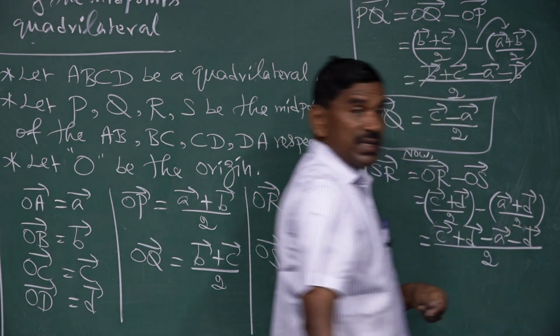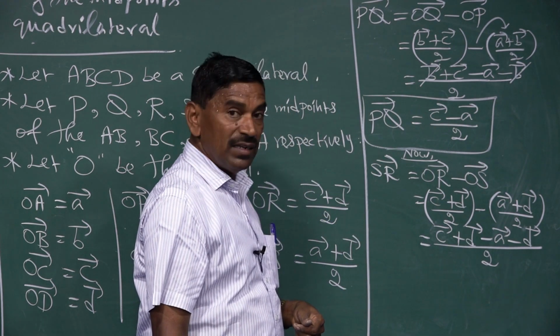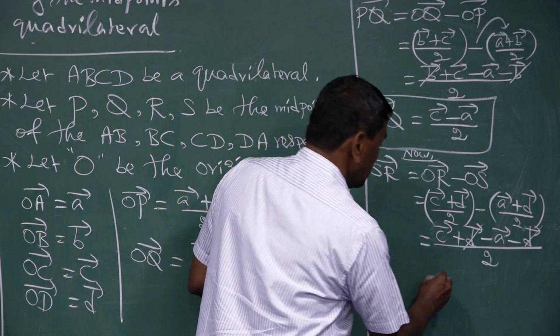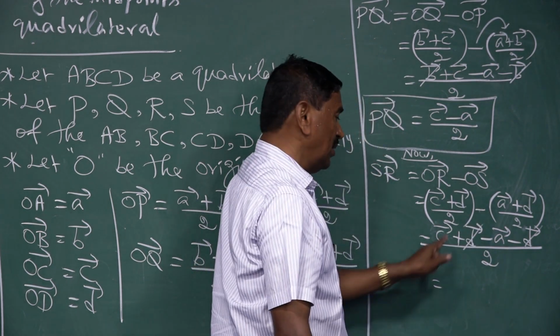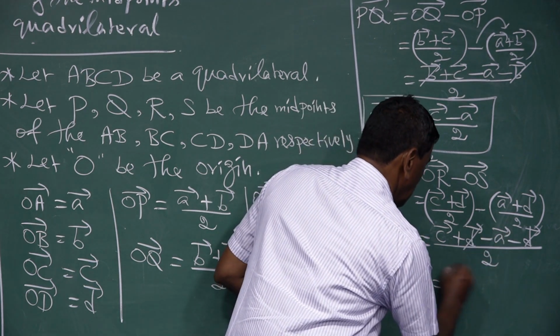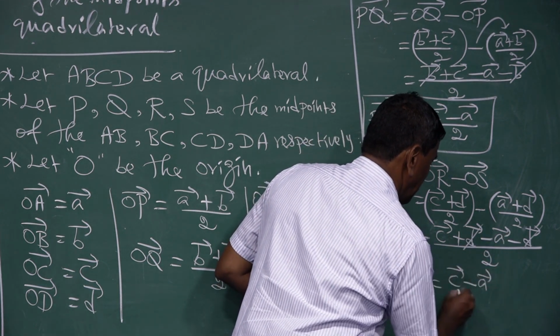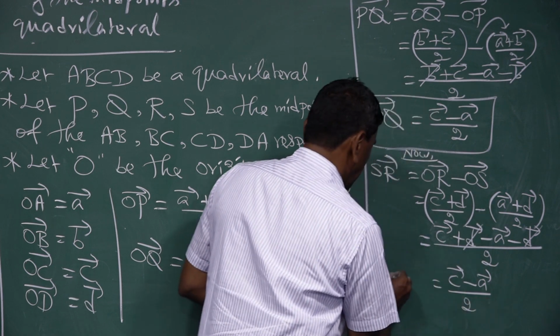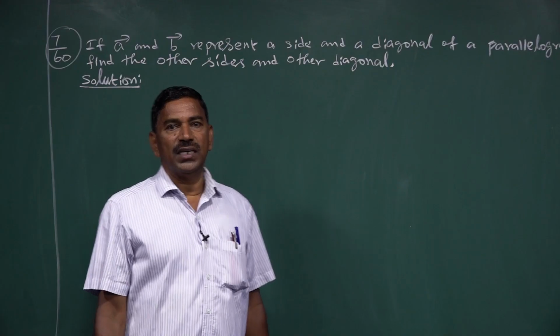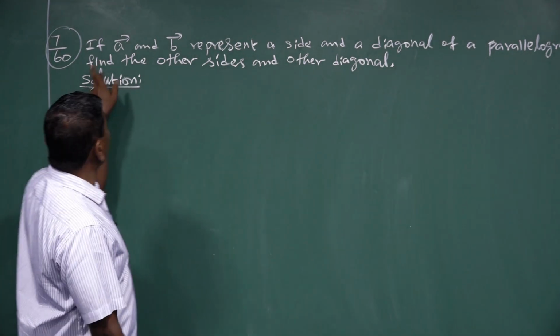Any cancellation? Yes, minus D vector and plus D vector cancel. Which is equal to the remaining, C vector minus A vector by 2, whose left hand side is SR vector. Box it.